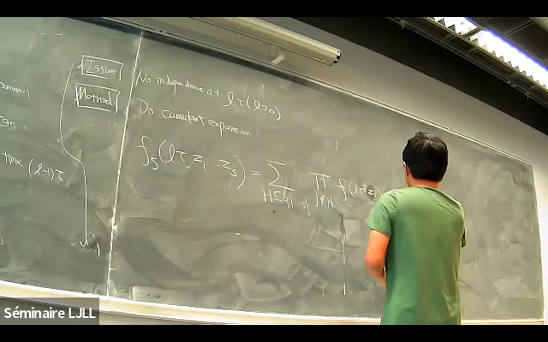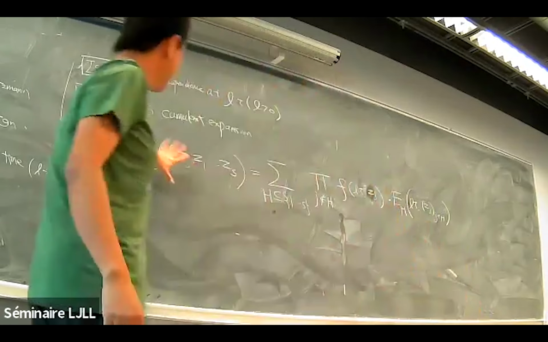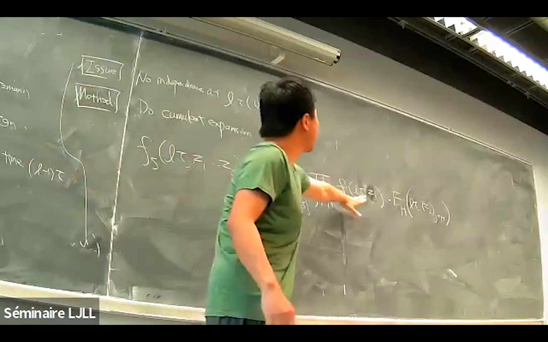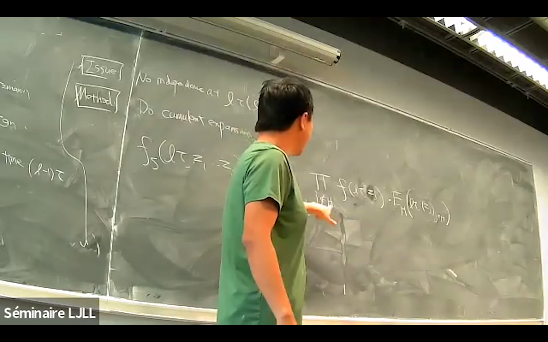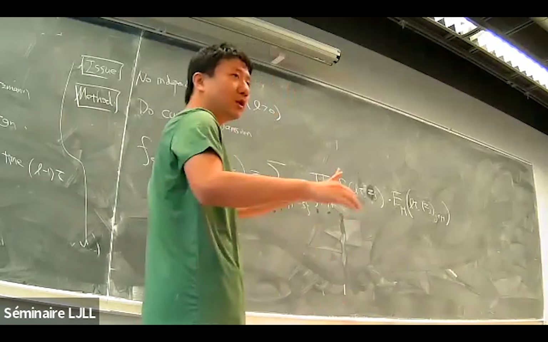So you see, this is a summation, and this part is factorized for J not in H, for particles not in H. Think of H as a particle set.